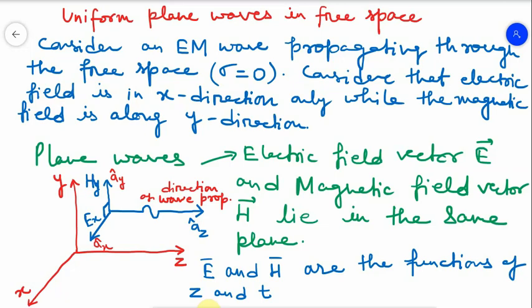Also the E vector is mutually perpendicular to the H vector. This is also important, that E is perpendicular to H. Here also you see the E vector and H vector are both perpendicular.